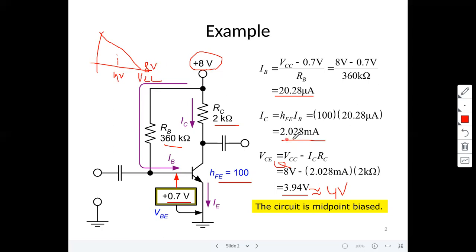Similarly, IC is equal to 2 milliamperes, and the maximum value is VCC by RC, that is 8 by 2, equal to 4. So the Q point is located approximately in the middle of the DC load line.